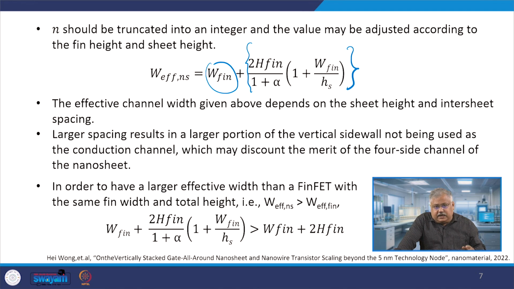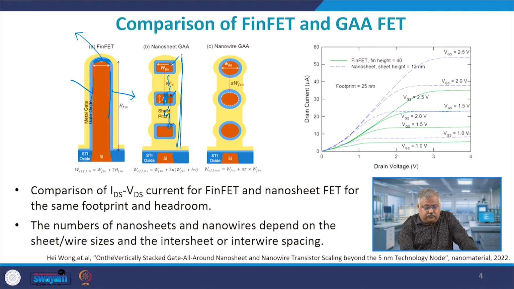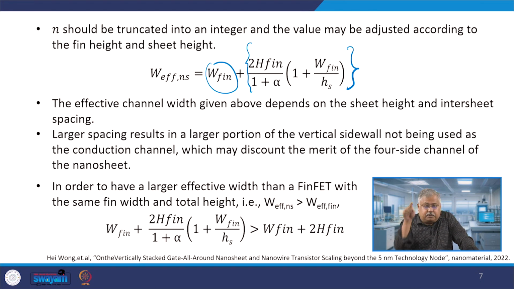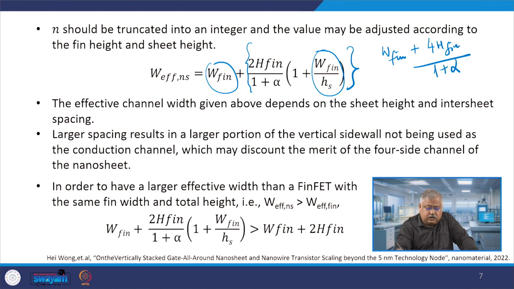Now, quite interestingly, if the width of the fin, which is this one, and the height of the fin, which is this one, are exactly equal, which means that it is a perfectly square sheet which you are using, then this will be effectively equal to 1, you will get 2, and you will get 4 times H fin divided by (1 plus alpha), that will be your WNS effective, right.